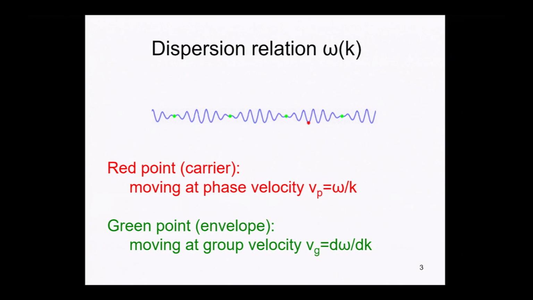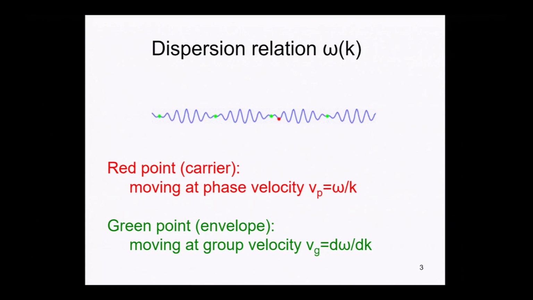As you can see from this example, the amplitude varies slowly as a function of position. If you follow the red point, which is associated with one of the peaks in this structure called the carrier, it moves at the phase velocity Vp, which we introduced last time.